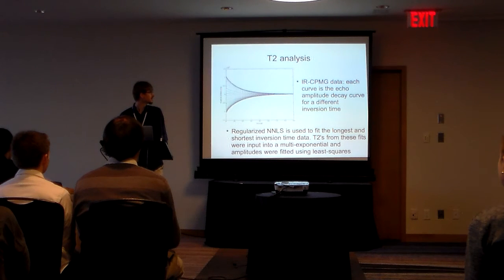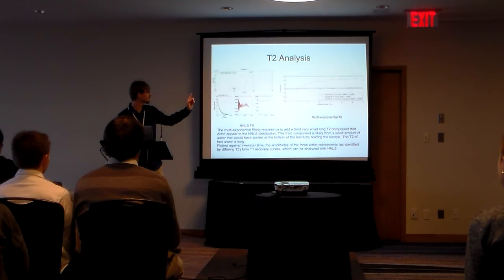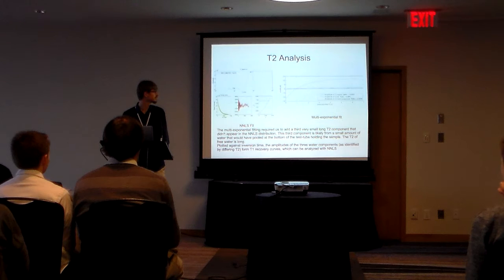Now, these are the T2 curves we actually collected. Each T2 curve corresponds to a different inversion time. Now, we use NNLS to analyze the T2 distributions. So what we do is, using an algebraic method, we can separate it into components. And then this gives us myelin and IE water.